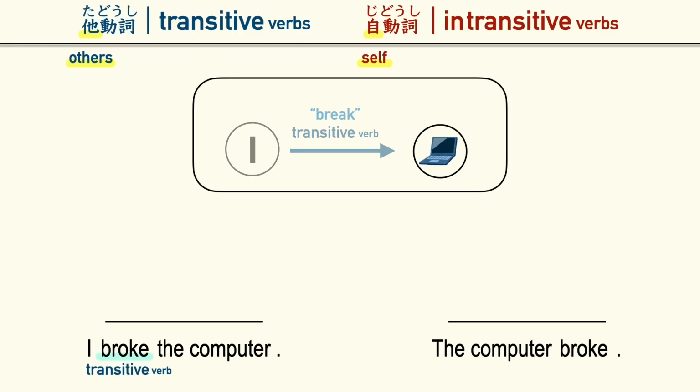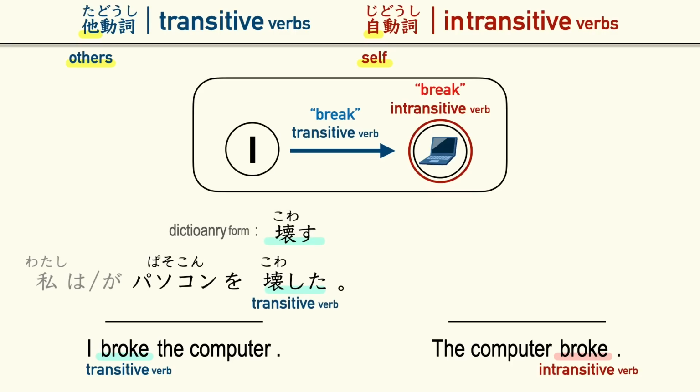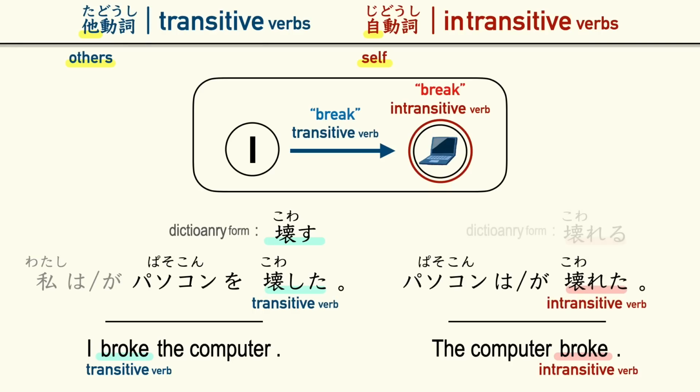The computer broke. It's intransitive. Again, in Japanese, different verbs are used. パソコンを壊した. パソコンが壊れた. 壊す is transitive. 壊れる is intransitive. Again, they sound similar, but these are two separate verbs.